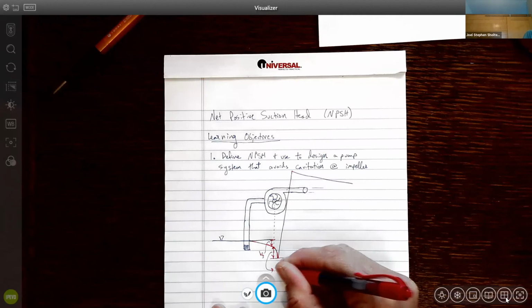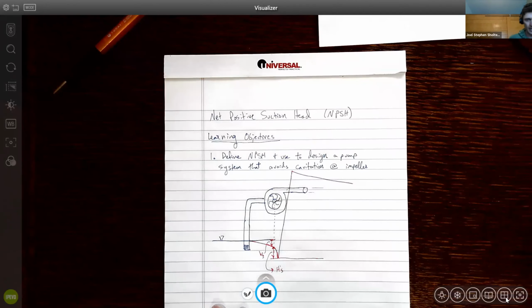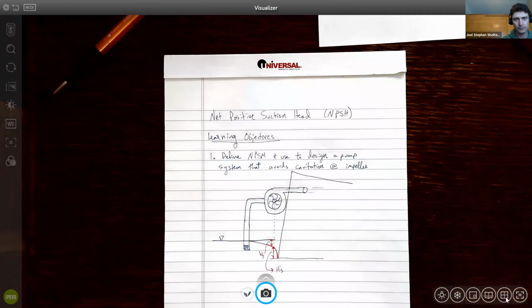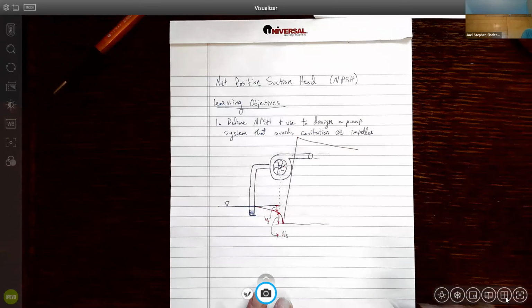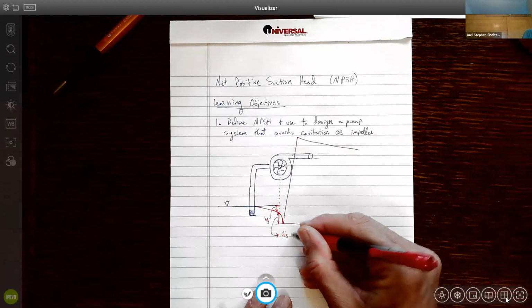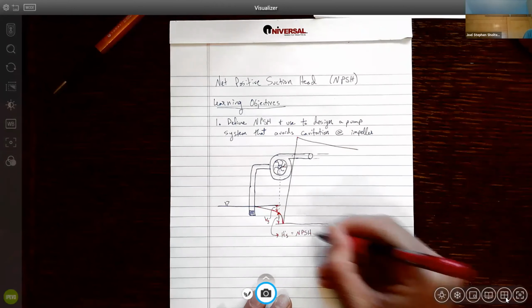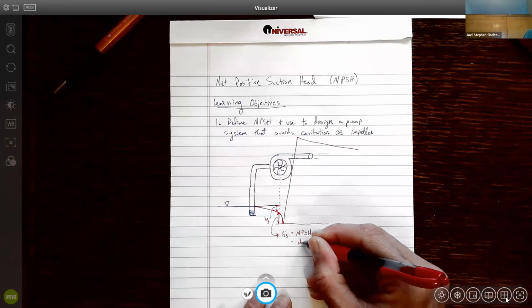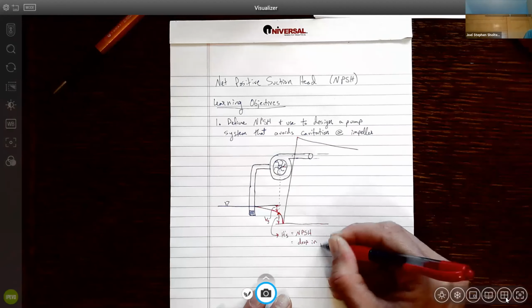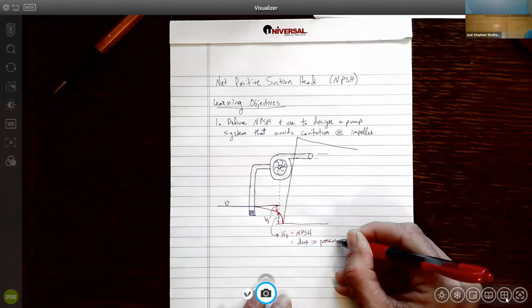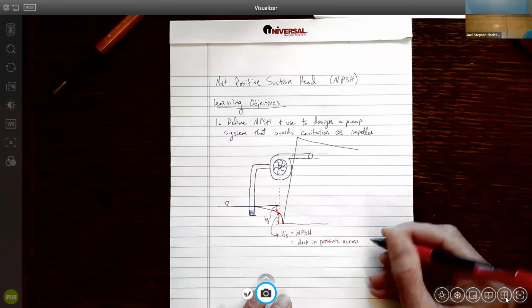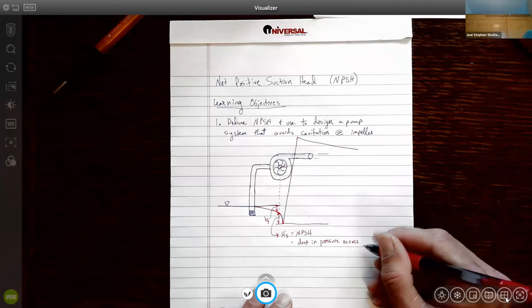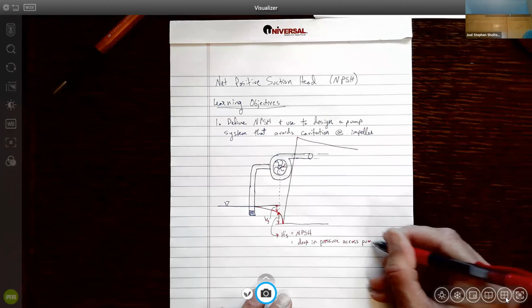In the book, it's defined as H prime S. And that's the drop, and this is equal to the drop in pressure across the pump.